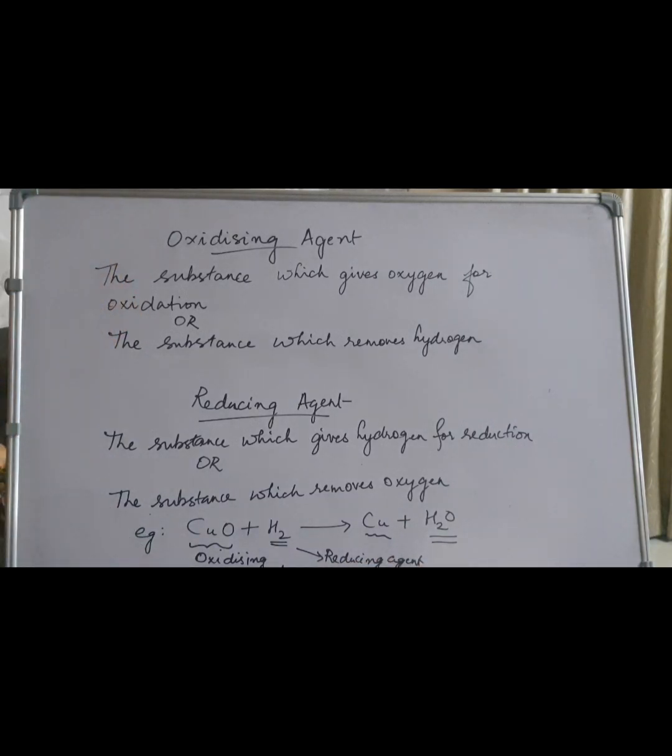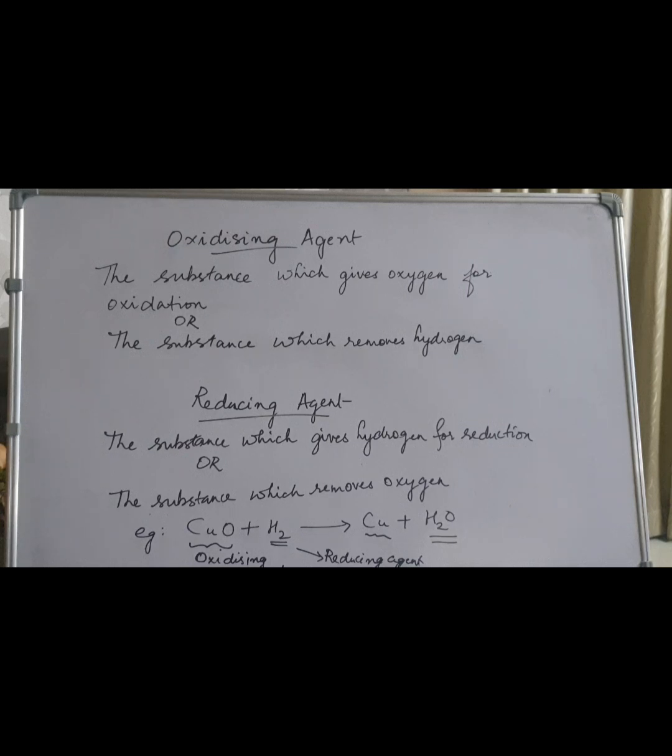Okay, in the last class also we learned oxidation and reduction. The same example we have taken to identify the oxidizing agent and reducing agent. So as a revision, you can just guess which is the step that causes oxidation. I hope you all have learned oxidation and reduction.